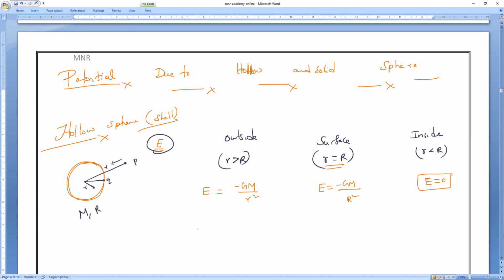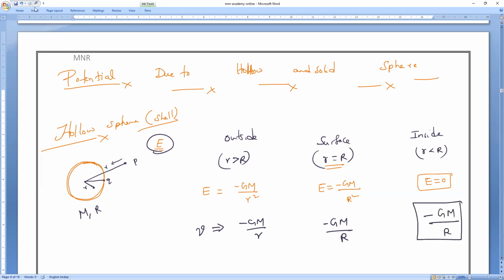So for this one, if I take the gravitational potential, then minus GM divided by r, of course, we'll study the relations and derivations. On the surface, minus GM divided by capital R. And for inside also, potential is not 0. Gravitational field is 0, but gravitational potential is not zero. How, sir?